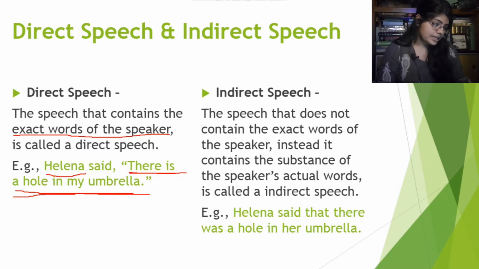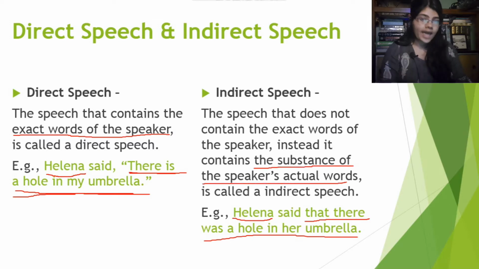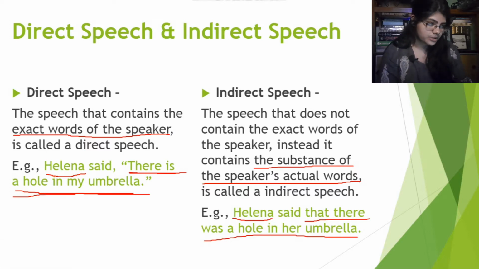Helena said that there was a hole in her umbrella. We didn't use the exact words by Helena, instead we used the substance of it. Here, the substance of the speaker's actual words, we used that in the example. This is the example of an indirect speech, and the previous one was a direct speech.